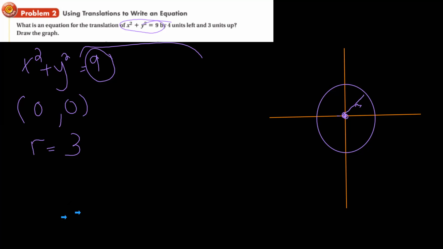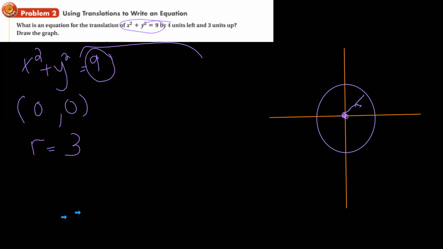This is a circle. What is the center of the circle? It is the origin. And what is the radius? It's 3. This will be my circle if it has x squared plus y squared equals 9.